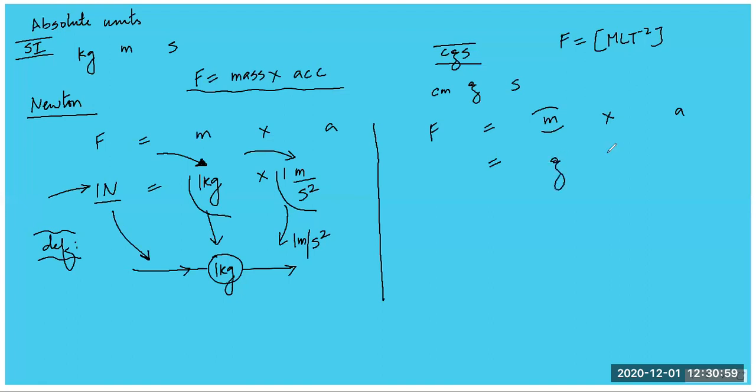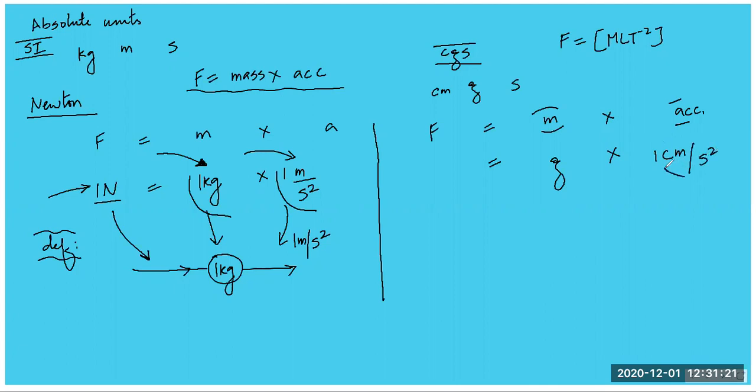Gram into what will be the unit of acceleration in CGS system? Centimeter per second square.